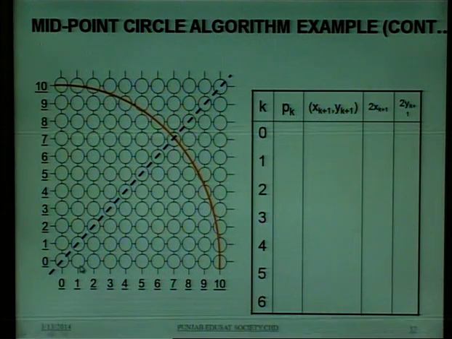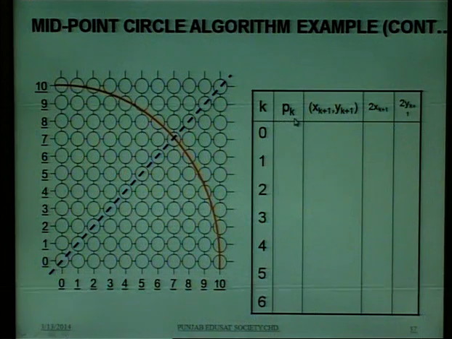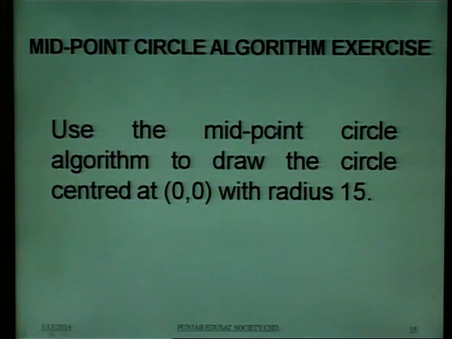So, corresponding to the value of k, you can calculate the value of p_k, that is the decision variable, the incremental values of x and y coordinates, and 2x_{k+1} and 2y_{k+1}. Based upon all the calculations, you can find the values of these equations.